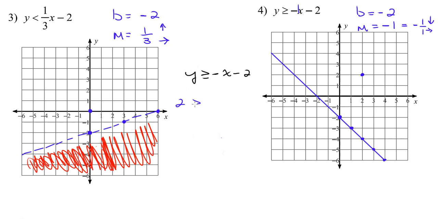So 2, is it greater than or equal to negative 2 minus 2? Negative 2 minus 2, that's negative 4. So we get the statement 2 is greater than or equal to negative 4, and that is a true statement. So this is the correct side to shade.